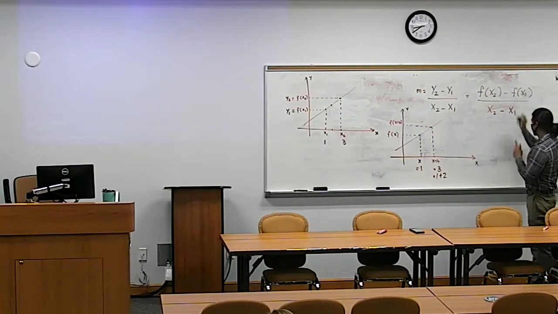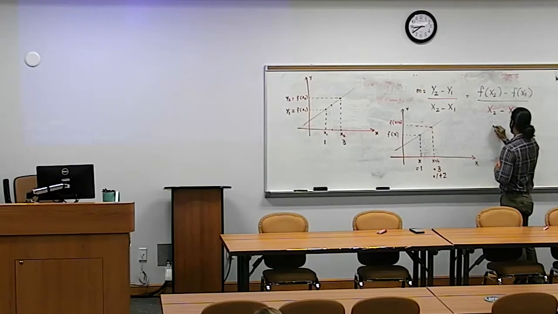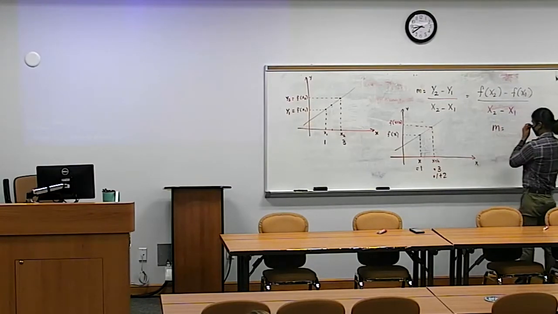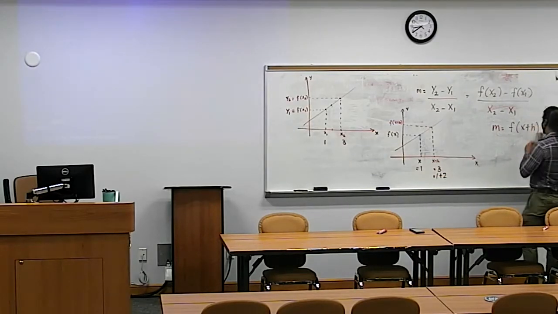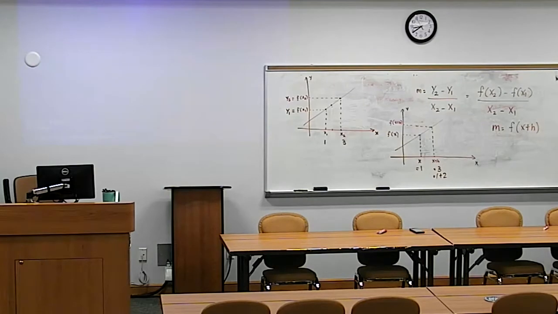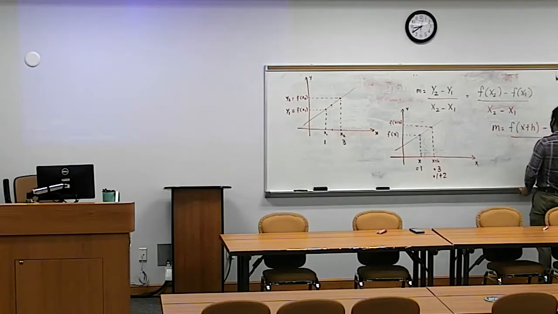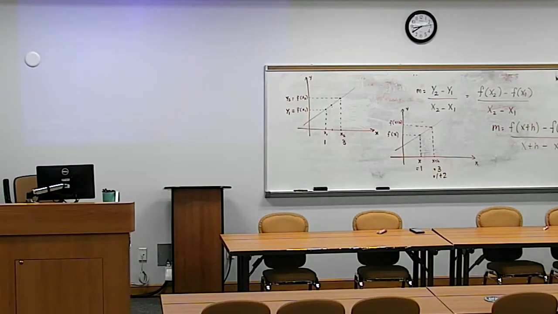If you rewrite that formula, m would become f of x plus h, because x2 is x plus h, minus f of x, divided by x2, which is x plus h, minus x1, that would be x. Yes?